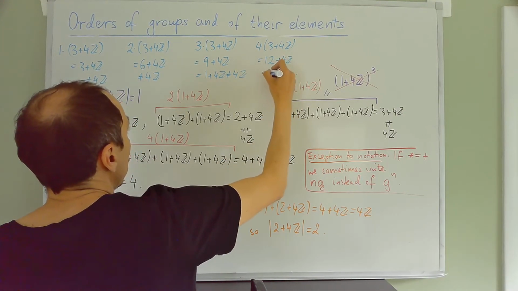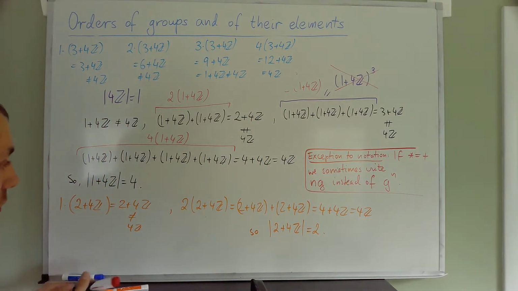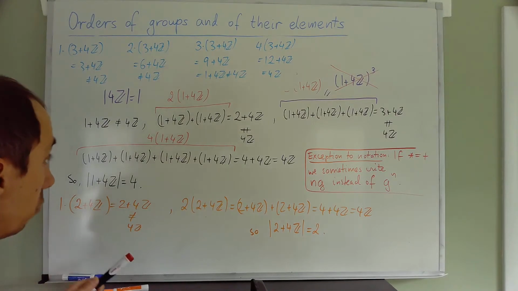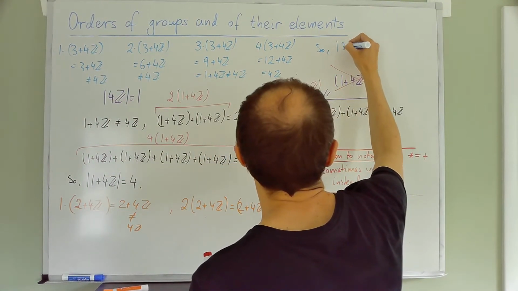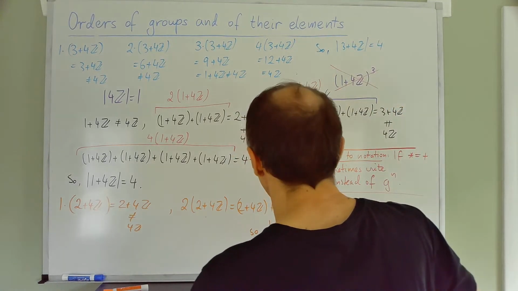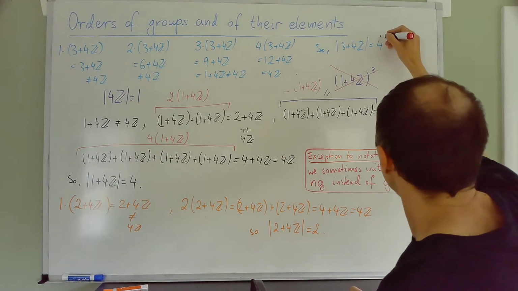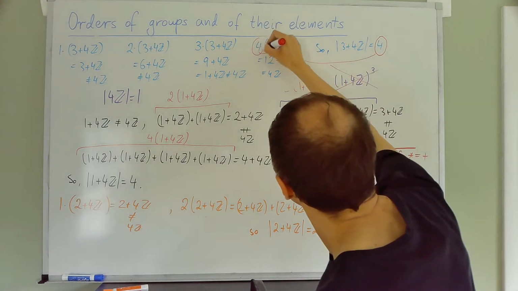And this is 4z. Okay, just to stress, where am I reading off the orders from? So the order here is 4. Just to be sure, where do I get this 4 from? That's this 4 here.